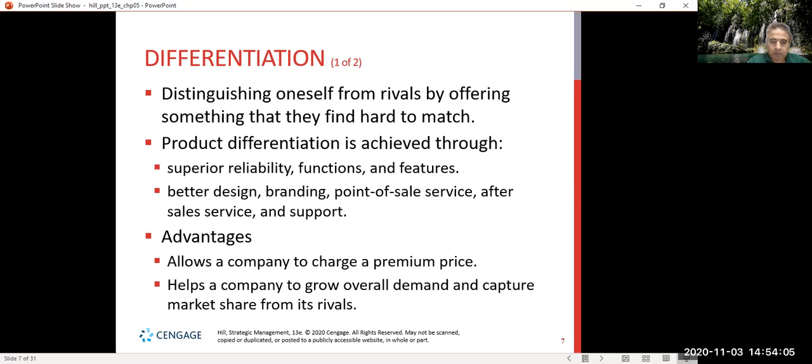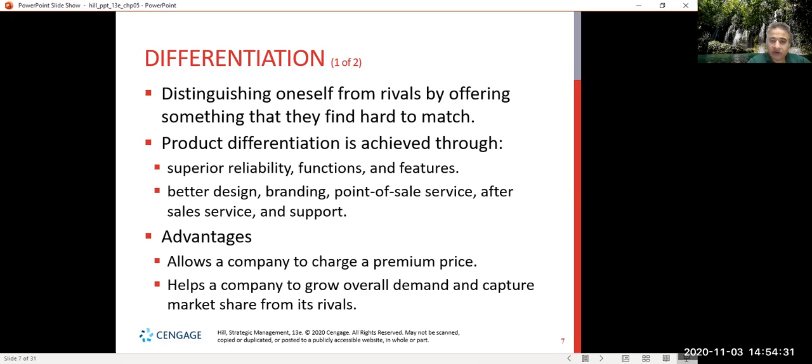And there are many other examples of differentiation, like in the case of Porsche, the car. How do they differentiate their car from their rivals' cars? By having superior car performance, functions and features, which their rivals are not able to provide at this price level. And there is some broad differentiation.